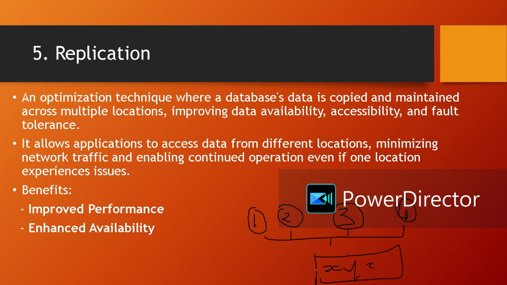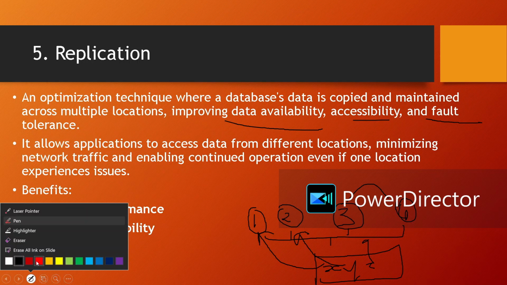Basically, I have this big database. I'm copying the values of X onto 1, copying the values of Y and pasting them there, and copying the values of Z and pasting them onto tables 3 and 4. This helps improve data availability, accessibility and fault tolerance.